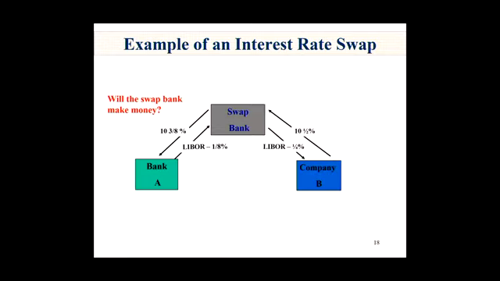Why would the swap bank do this? Does the swap bank make money? So why don't you have a look at how much the swap bank would have made through these two swaps? Can you calculate that? So they're paying some, they're receiving some. How much do they have in total?